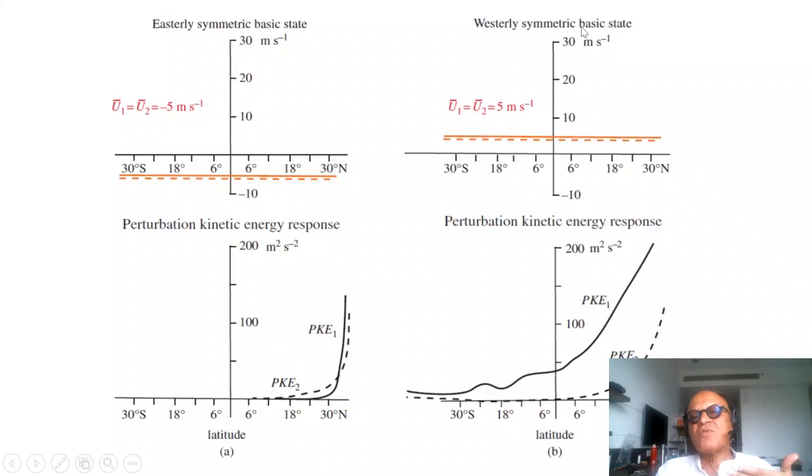If you prescribe a westerly symmetric state in both layers with westerlies of 5 meter per second, then you can see that the lower layer drops off quickly, but still makes it into the tropics and even has a little bit of a signal in the other hemisphere, whereas the upper layer does have a signal that's coming all the way into the deep tropics and crossing over into the other hemisphere.